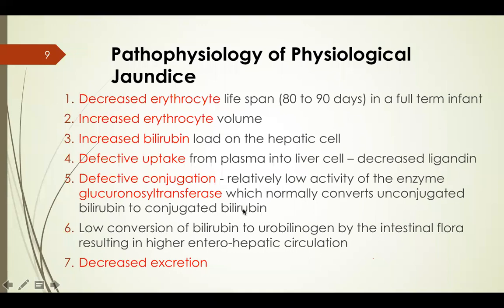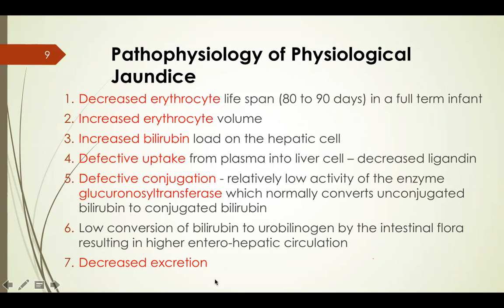glucuronosyl transferase, which converts unconjugated to conjugated. At the same time, you can see low conversion of bilirubin to urobilinogen. Urobilinogen is actually excreted to the intestinal flora, which goes to your enterohepatic circulation. Then what is the problem?